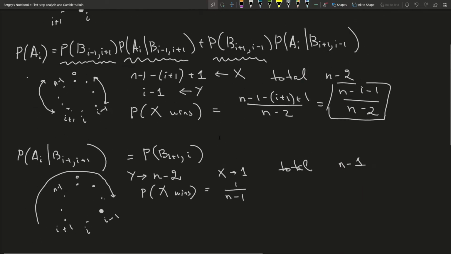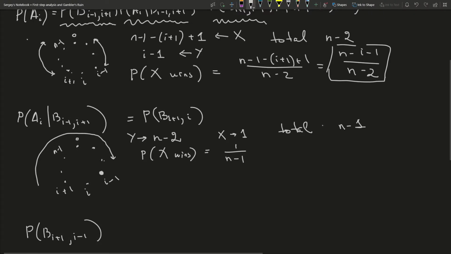Now we could do the same calculation as we did in the beginning when we were computing the probability that the i minus first sheep was eaten before the i plus first sheep. But knowing this result here, the probability we want to compute now is just 1 minus that. So it's just 1 minus n minus i minus 1 over n minus 2. Why?